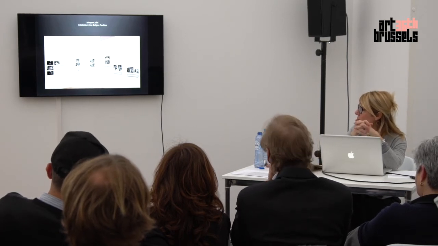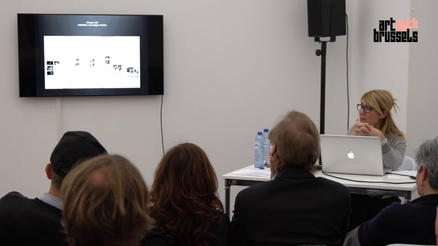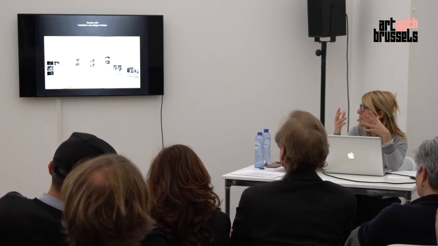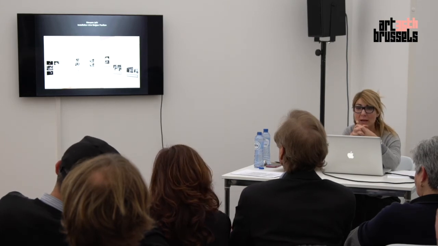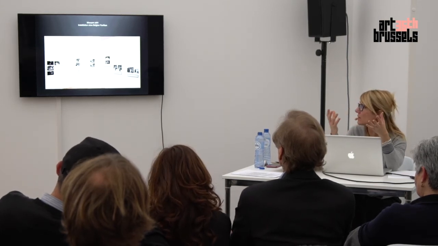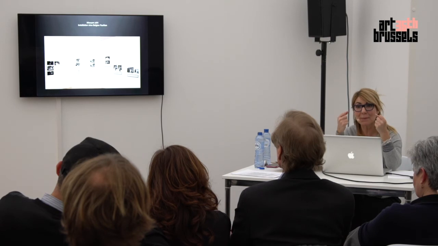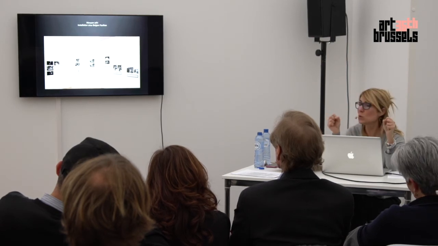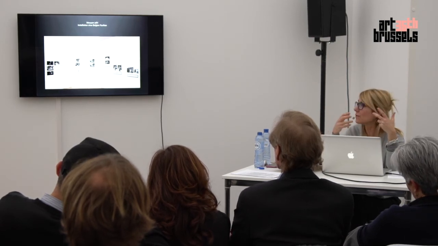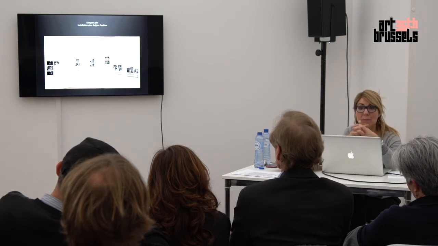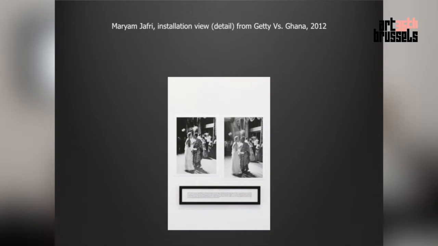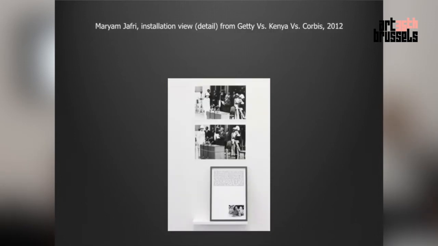She conducted research into the archives of private image banks such as Getty and Corbis, and compared those with national image banks in African countries, and discovered that very often the very same image is claimed by two different parties. And of course, it's a work that talks about the privatization of knowledge and copyright, and who decides, who has the ownership of these deciding moments of national identity.